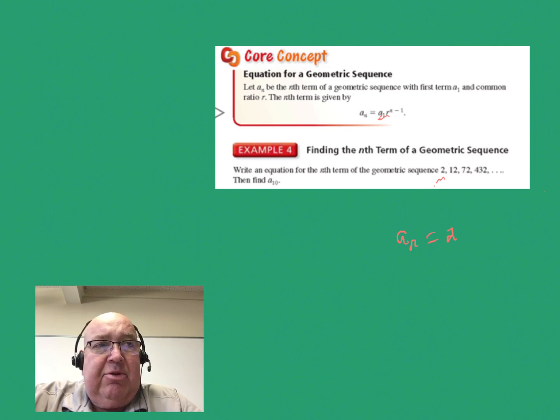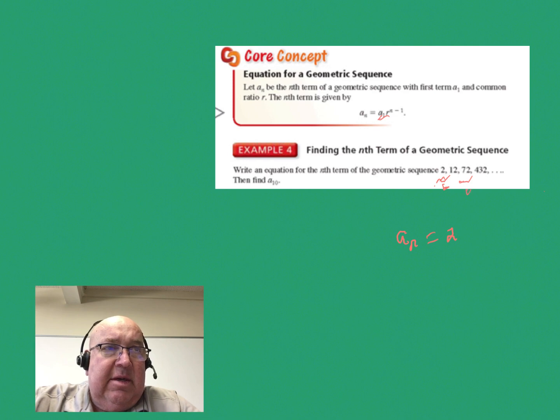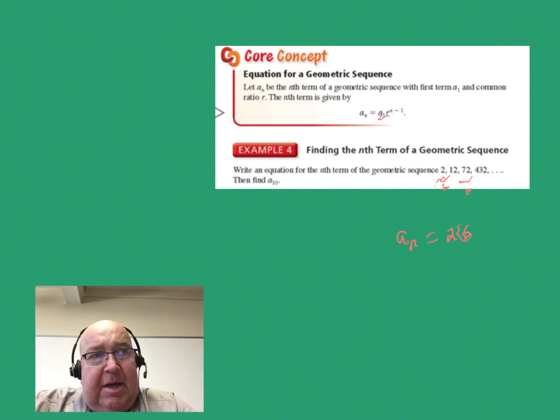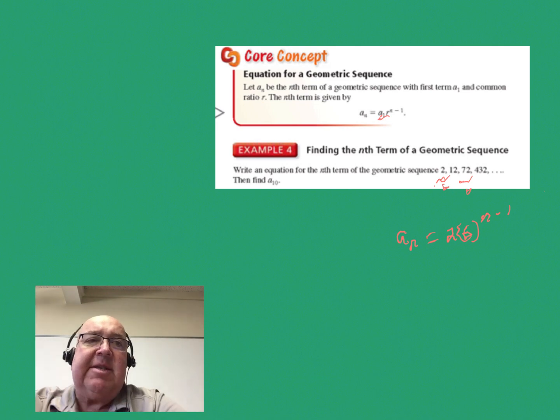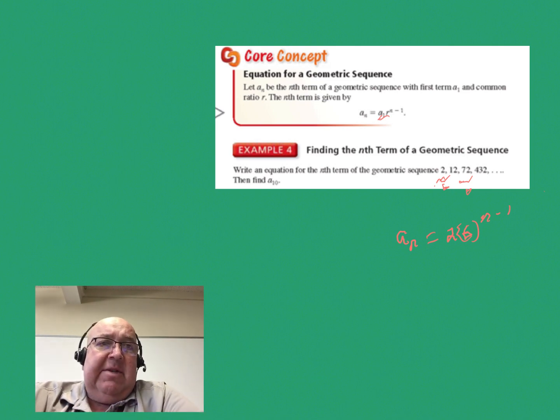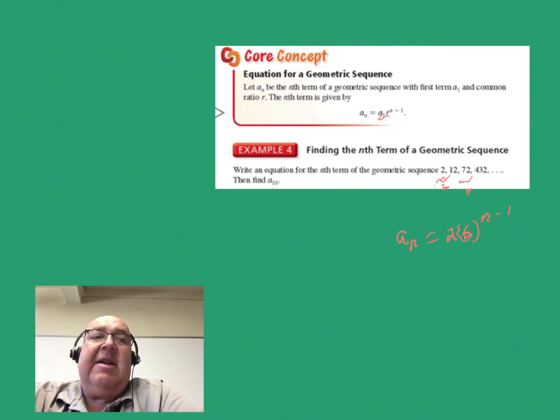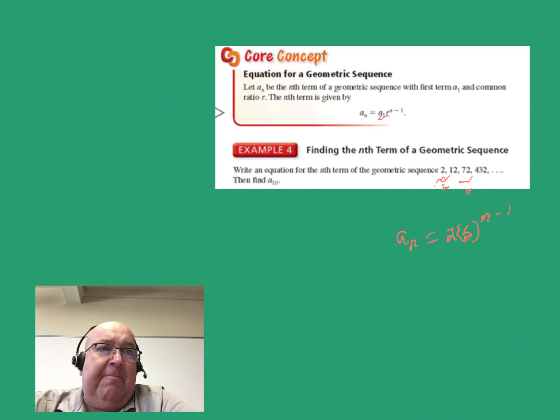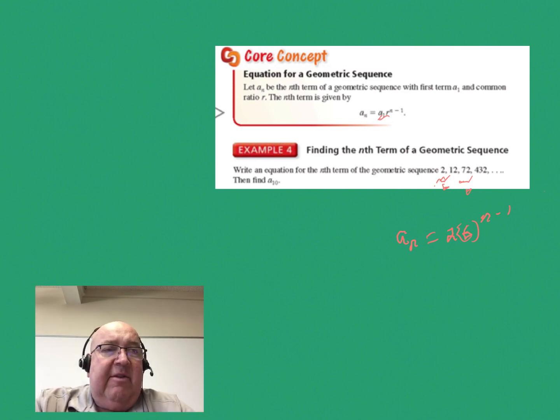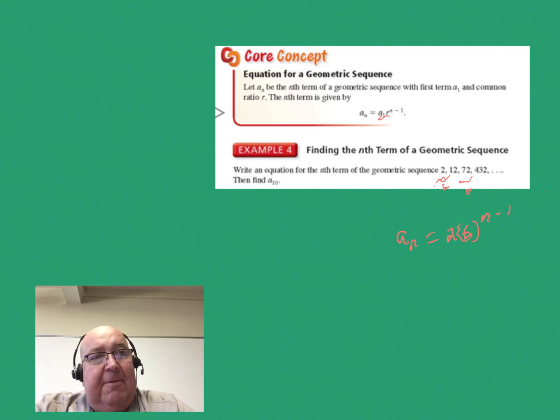And then this is multiplying by 6 each time. So then we're going to have 6 in parentheses, and then we're going to have exponent of n minus 1. And the reason we have n minus 1 is that we're using the first term instead of a zero term or a y-intercept.